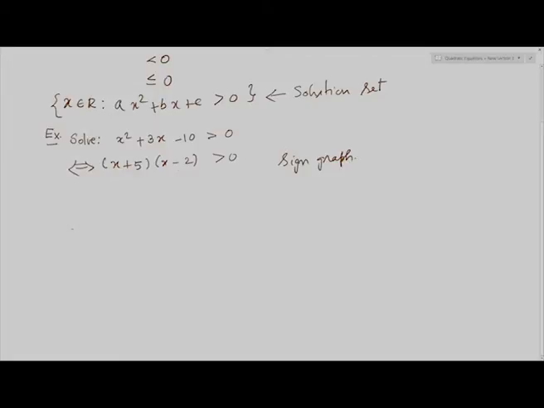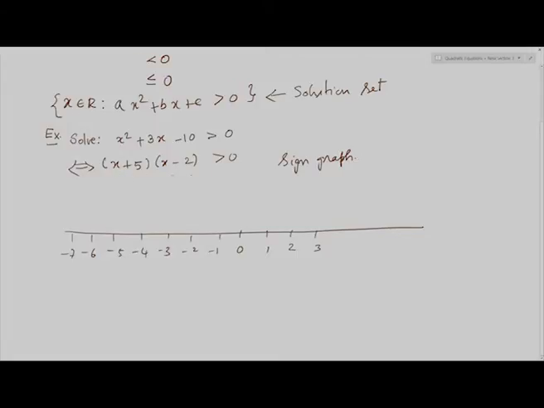For example, I draw a number line. Let me put the 0 somewhere, including the negative side, because minus 5 is a root and 2 is a root. So, 1, 2, 3 and so on, and here it is minus 1, minus 2, minus 3, minus 4, minus 5 and so on. Now, take the first factor x plus 5.